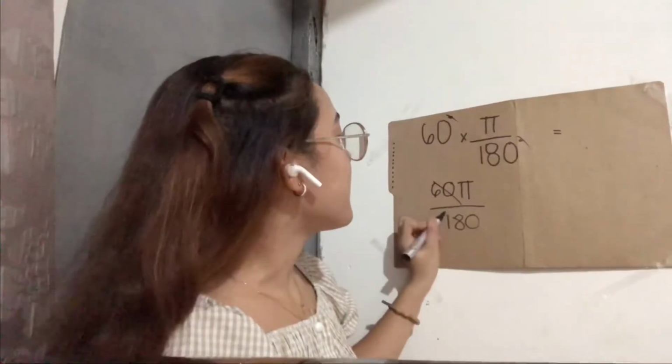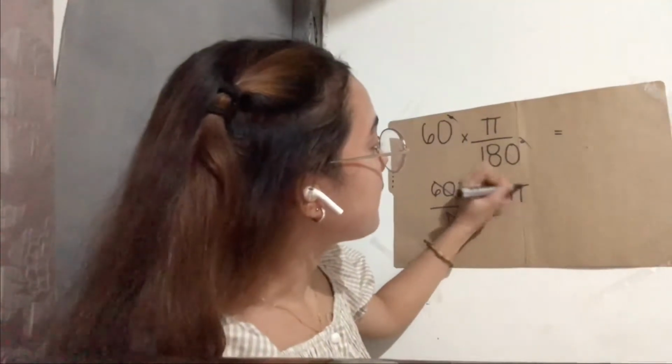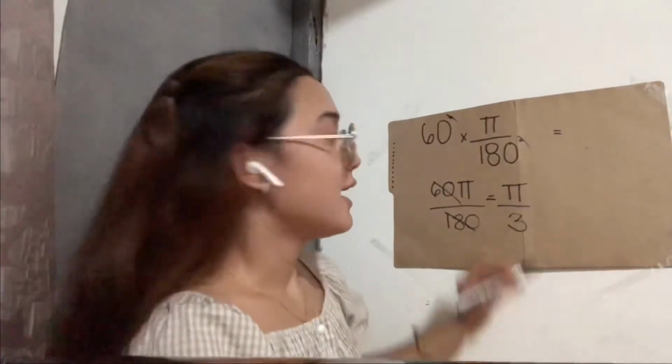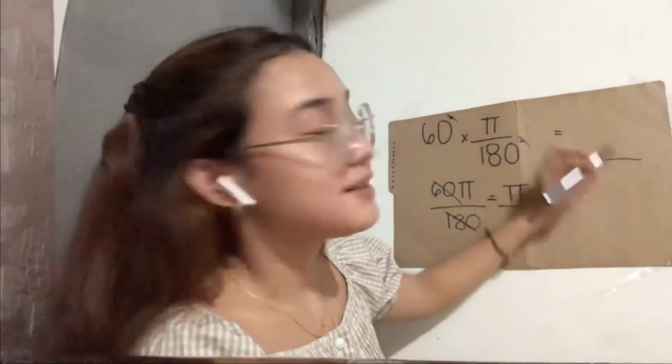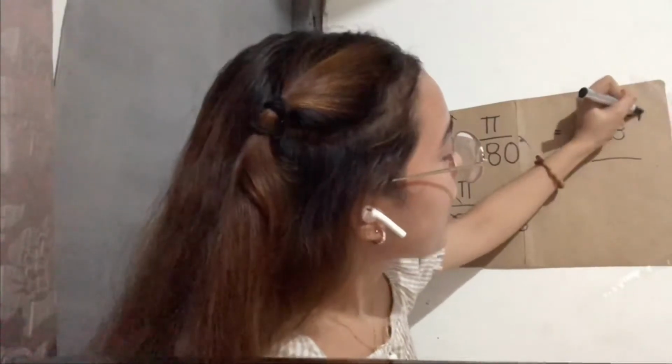Is that the answer? No, we still have to simplify. This would be pi over 3. And that would be our final answer: pi over 3 radians.